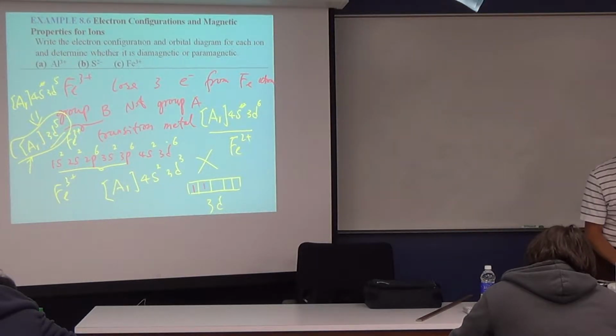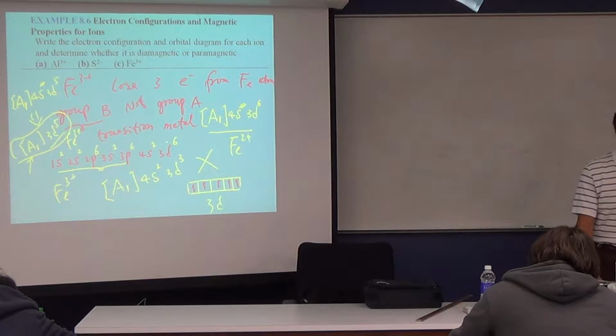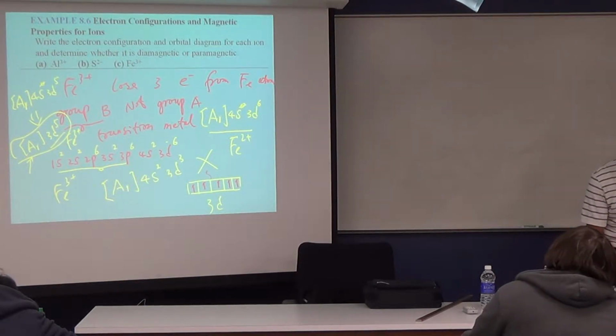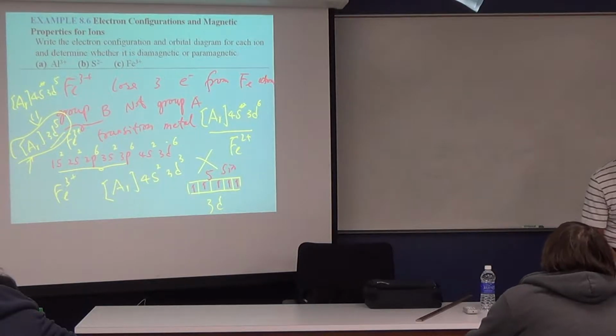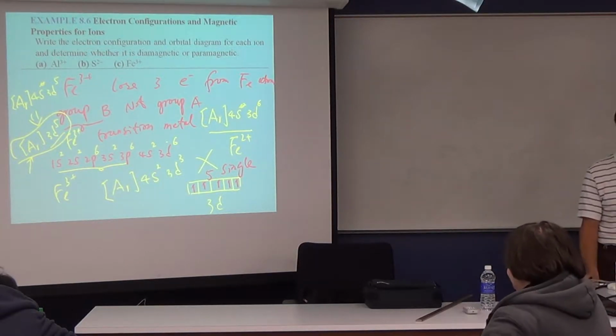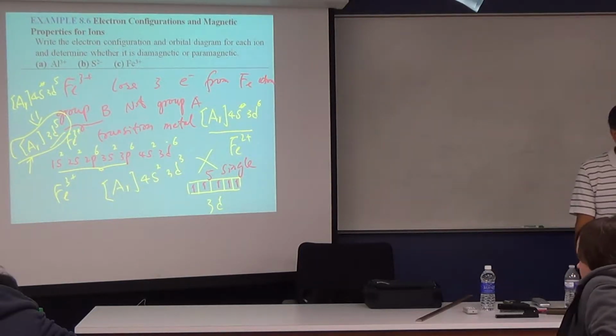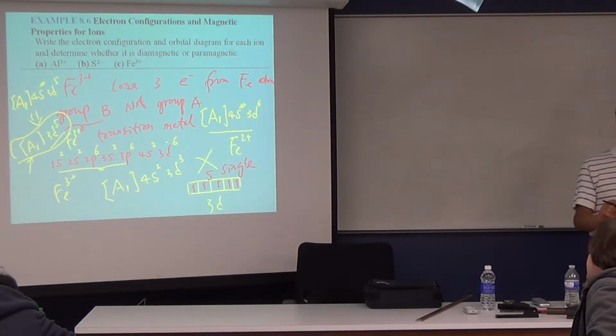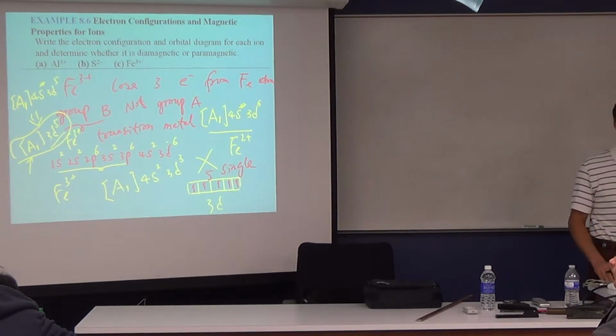Very good. So then according to Hund's rule, one electron in one orbital like that. If you know that the five electrons spread out, that tells you that you have five single electrons. We talked about before, if you only have one single electron, that will be enough.